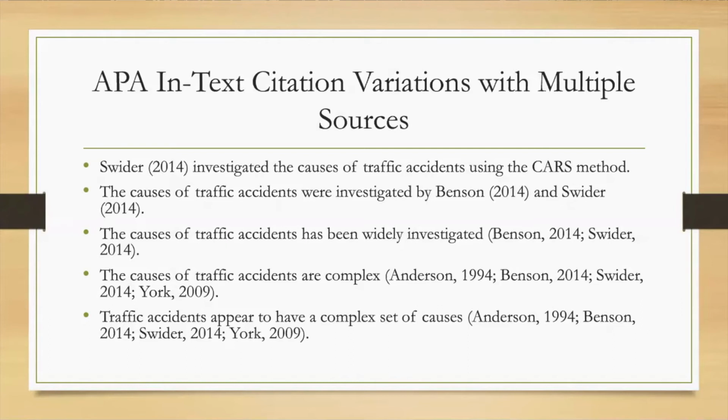Full sentence, we have the subject Swider. Swider did something. He investigated the causes of traffic accidents using the CARS method. So that's a very simple way that you can talk about a source in your paper.